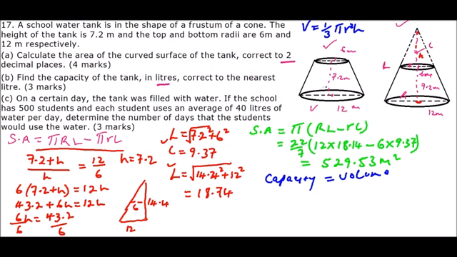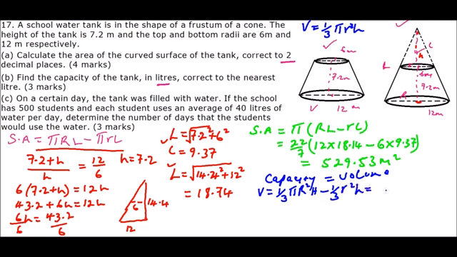To get the volume of the tank, it is the volume of the whole cone minus the volume of the small cone. So volume is equal to one third pi r squared times the height of the big cone, minus one third pi r squared times the height of the small cone.